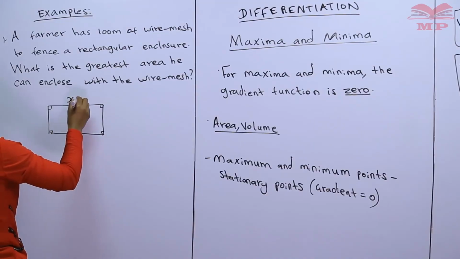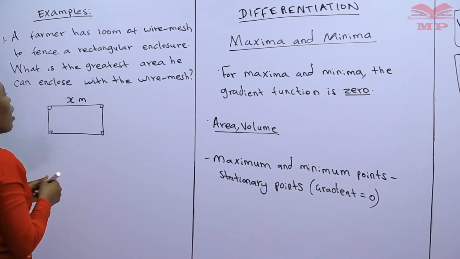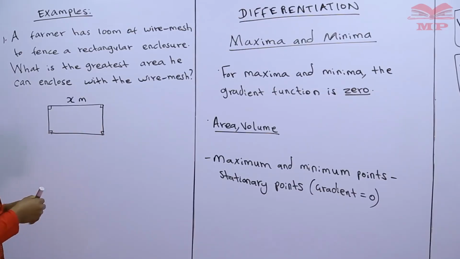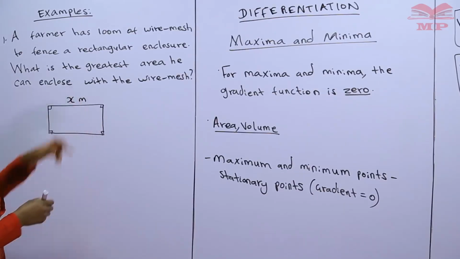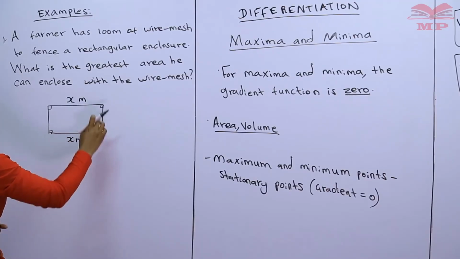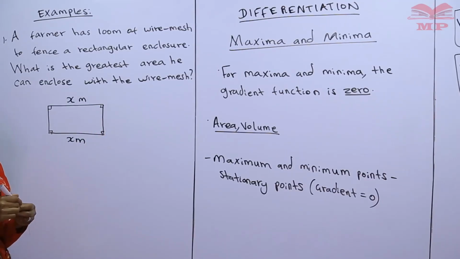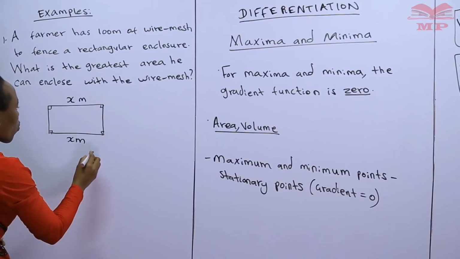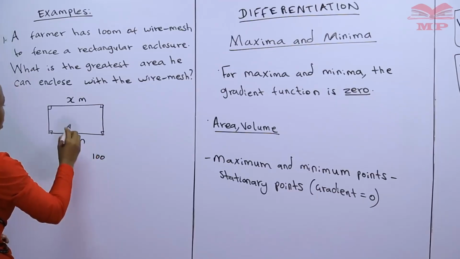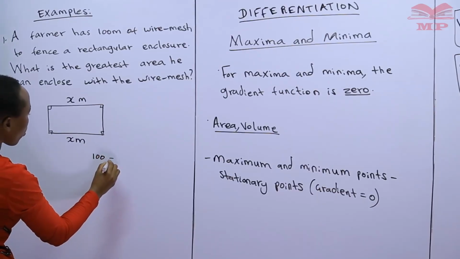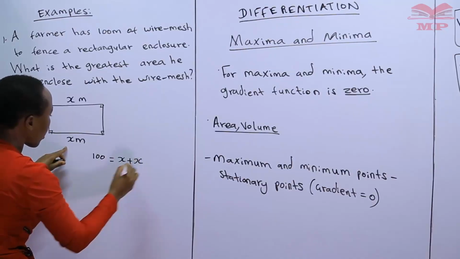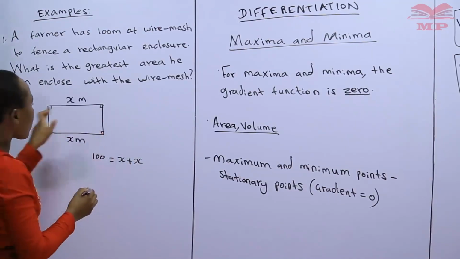Because all of it will be 100 meters, if our length is x, the other side will be x meters. We need to calculate the value for the width. So in our case, we have 100 is equal to this side x plus x, then plus the two widths.